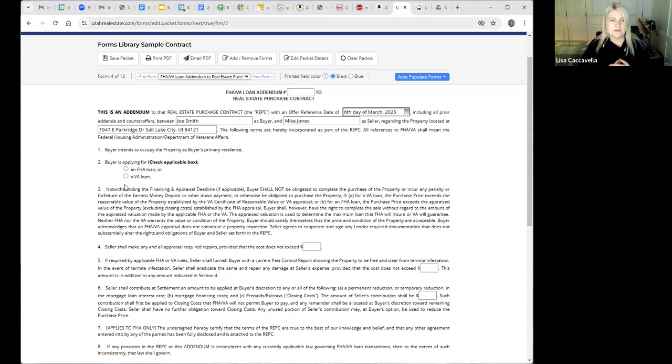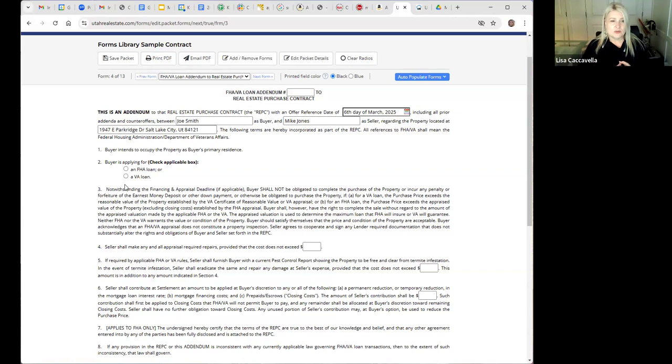For FHA, that amount stays with the property for, oh my gosh, now I can't remember. Is it 3 months? Is it longer than that? Anyway, there's a rule. With VA, it only stays with the property for that VA buyer.